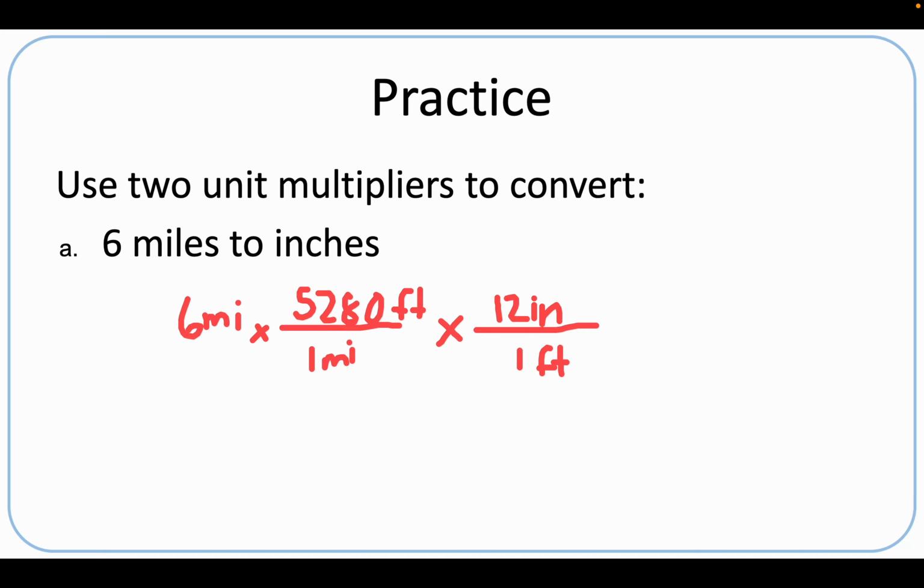And remember, this problem is just distance, so we don't have square units here. We just have single units here. So our miles cancel out, our feet cancel out, and then we can multiply 6 times 5,280 times 12. And when you do that, you end up with 380,160. And our units are inches.